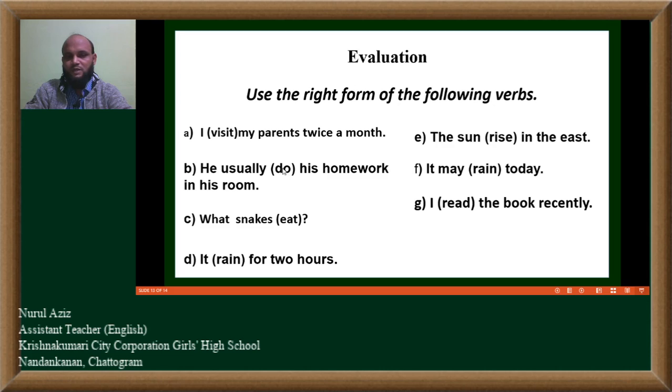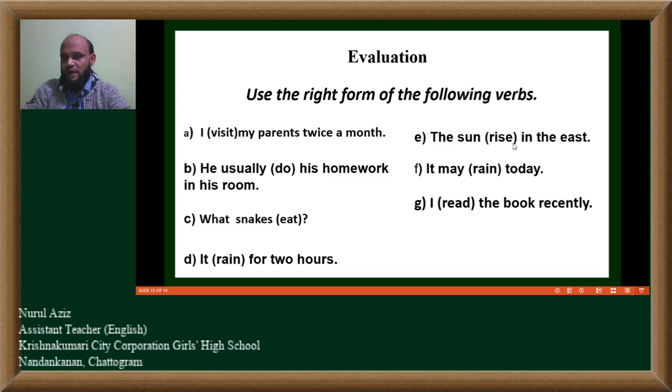So the verb should be does. Again, C. What do snakes eat? It has been raining for 2 hours.